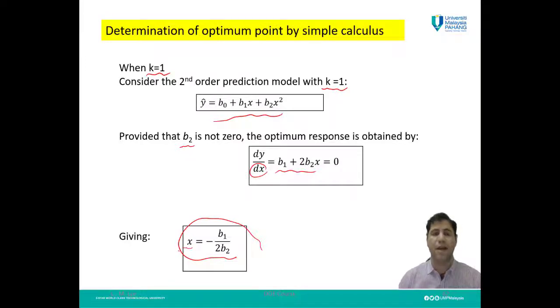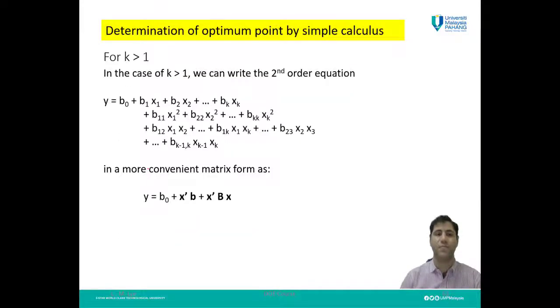This x here is the factor. This amount of x is the optimum point for this experiment, which has one factor, and for this amount of that factor, the response will be the optimum. It can be maximum or minimum. It depends on the type of factor, actually.